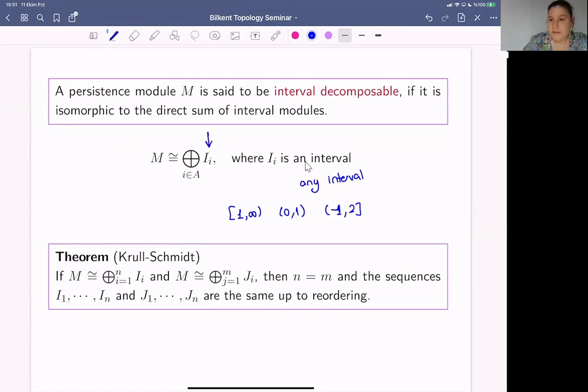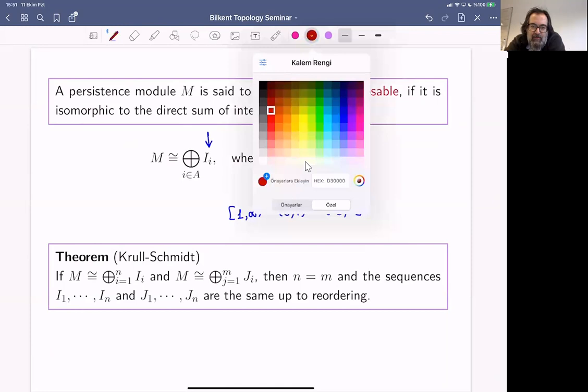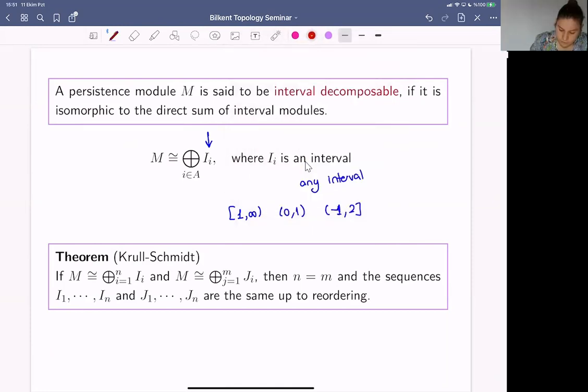So in this case, M is interval decomposable. But wouldn't you be able to direct sum the 0-1 open interval module with the 1-2 open, where one side is closed so that you have the full interval? If you think about this one, everything is 0 outside of this interval, and everything is K inside of this interval.